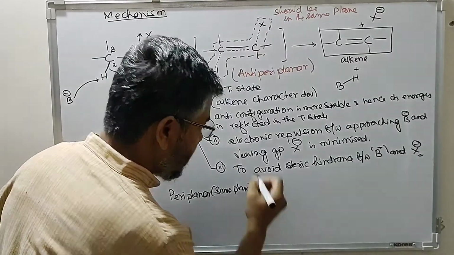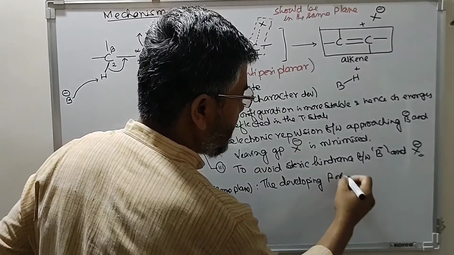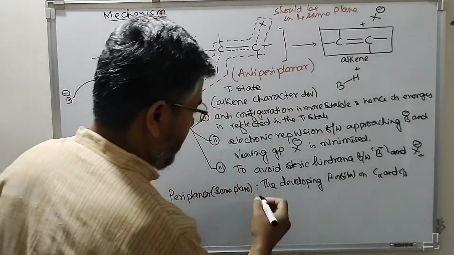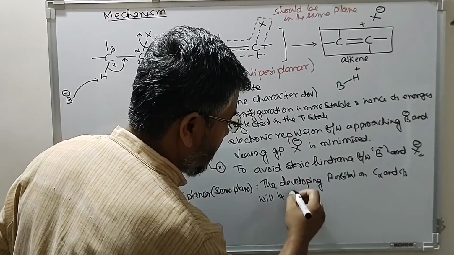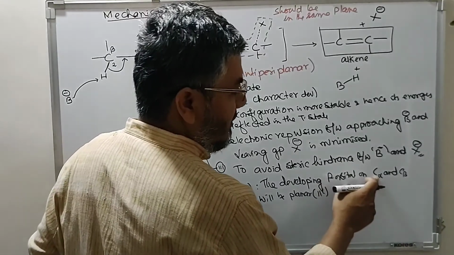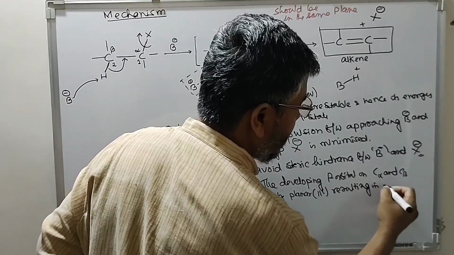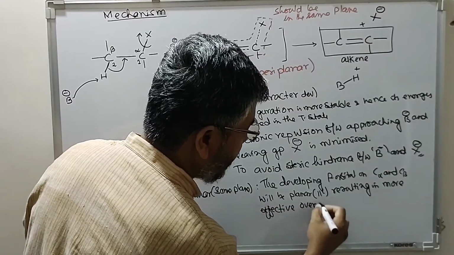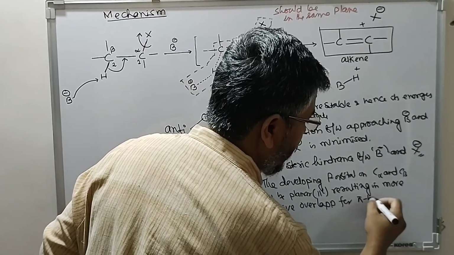So the reason for this planarity is the developing p orbitals on alpha carbon and beta carbon will be in the same plane, that is parallel to each other, resulting in more effective overlap for pi bond formation.